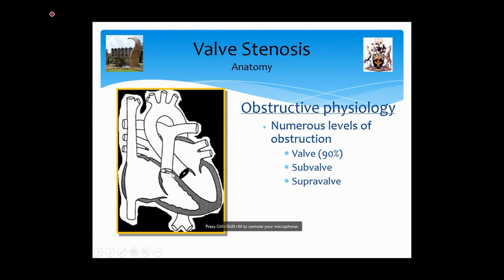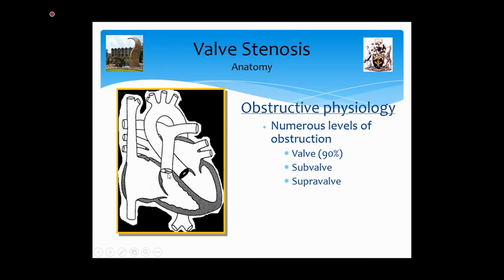This murmur will be heard on the aortic side, which is the right upper sternal border. If it's pulmonary stenosis, the same things will happen, but now on the right side. In this one, when you have right ventricular hypertrophy, the apex beat will be uplifted. You will still get the thrill. The murmur will be systolic because it's when blood is pumping through the aortic and pulmonary vessels and valves.